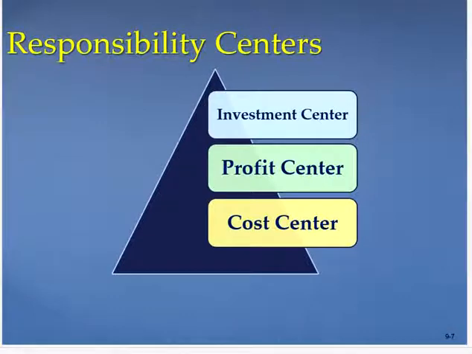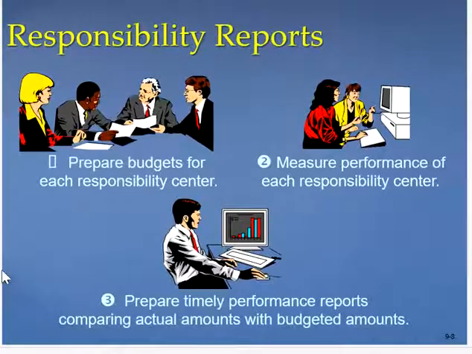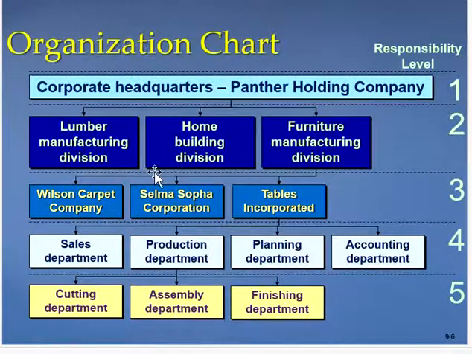We'll move to the next slide, which is about responsibility reports. Now a responsibility report is basically prepared for each manager who controls the responsibility center, right? Now who controls the responsibility center? Again, if you go back to our same example about this Panther holding company, as you can see here, this is a furniture manufacturing division. What is their performance?